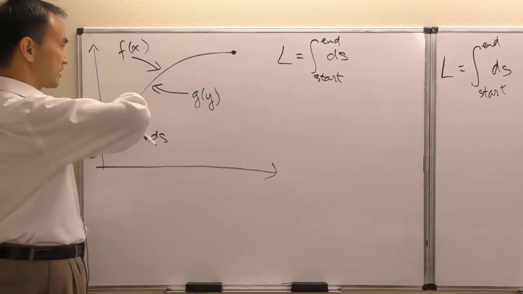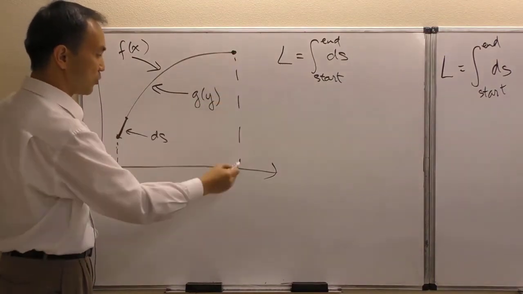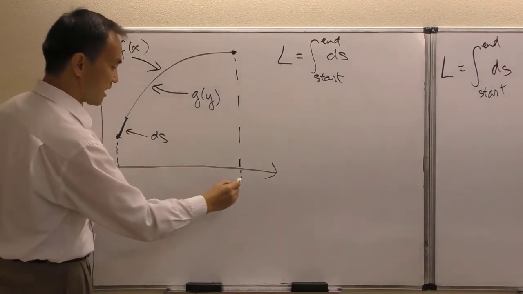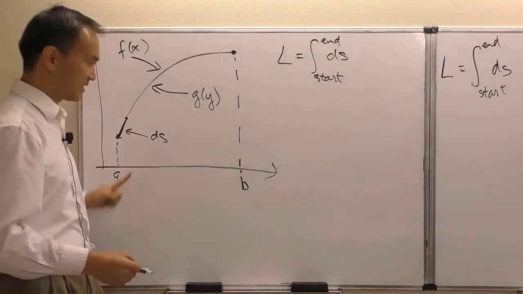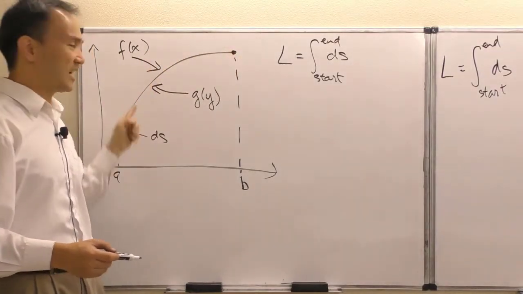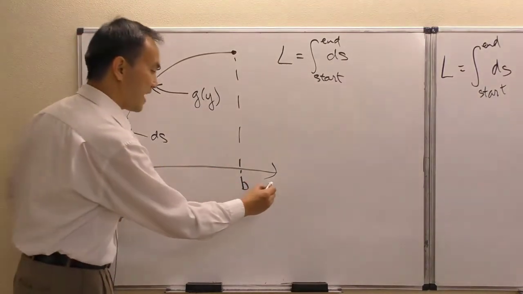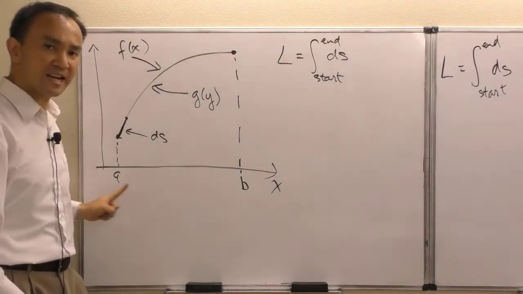So if this is the curve expressed as a function of x, then the start and end happens between an interval on the x-axis. I'm talking about if our curve here is represented as a function in terms of x, then the start point and the end point on the x-axis is some value a to some value b.